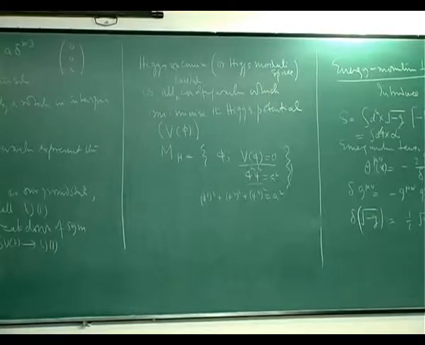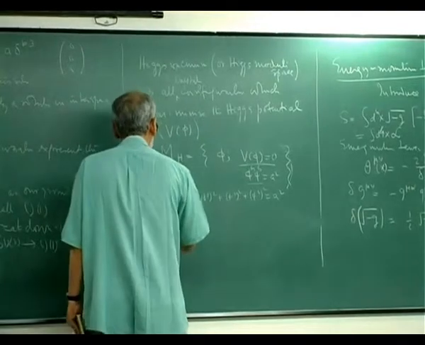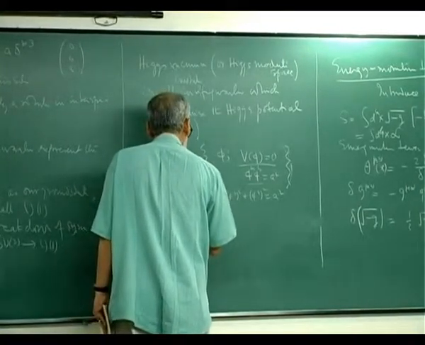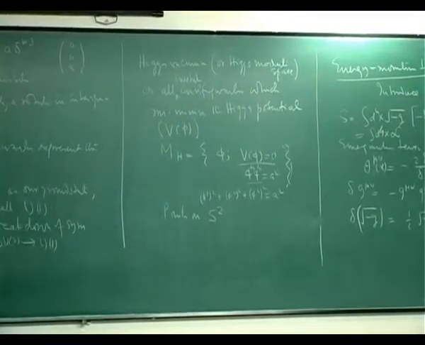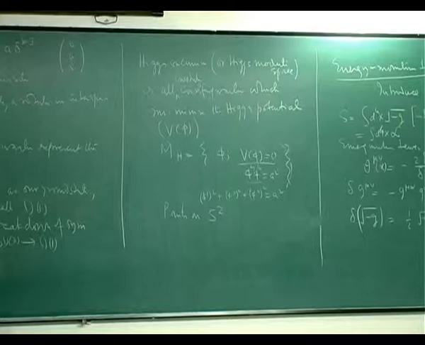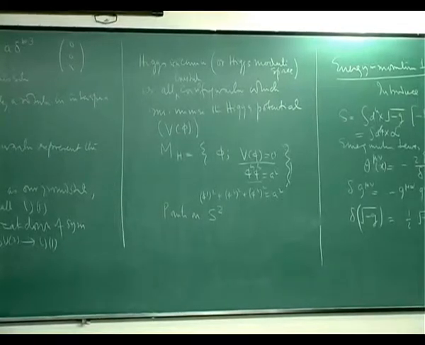It represents the equation for points on a two-dimensional sphere. You have a ball of radius a, and the surface of the ball is an S2 two-dimensional sphere, and the points on that surface are described by this equation.